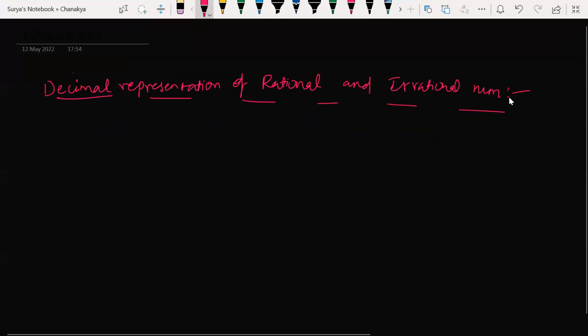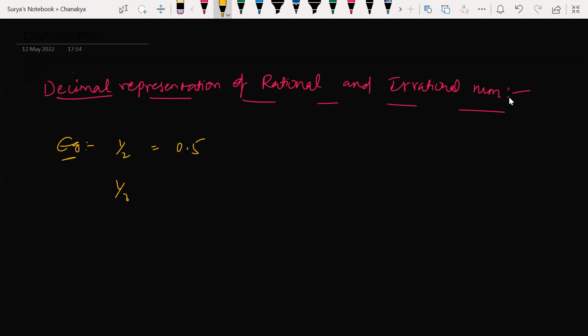Okay. Now look at this. If I write an example, very simple, beta: 1 by 2. What type of number is it? It is a rational number. It is what? 0.5. 1 by 3 is what? Rational number. So 0.3333 and so on. This is how you represent rational numbers in decimal form.